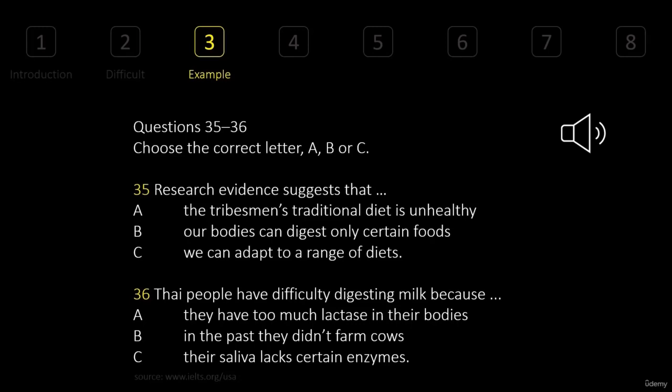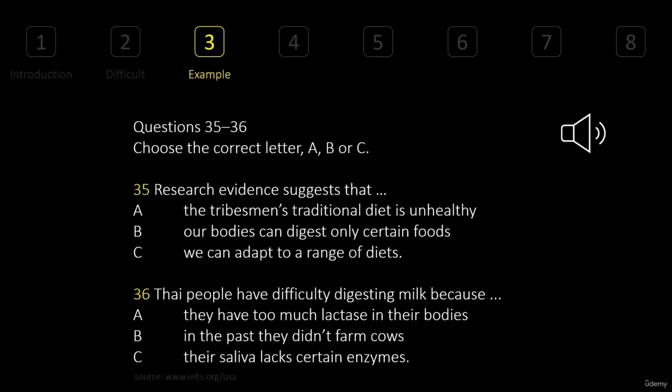Research shows that when these groups first come into contact with a Western diet, their health suffers. Once they're exposed to our diet of refined carbohydrates and sugars, they quickly develop our lifestyle-related diseases. However, that does not mean that the human digestive system is suited to digesting only a few sources of food, nor that it cannot change to accommodate different food sources. In fact, the evidence would suggest exactly the opposite. As a species, we are able to make significant modifications to our digestive systems according to what foods are available in our local environment.